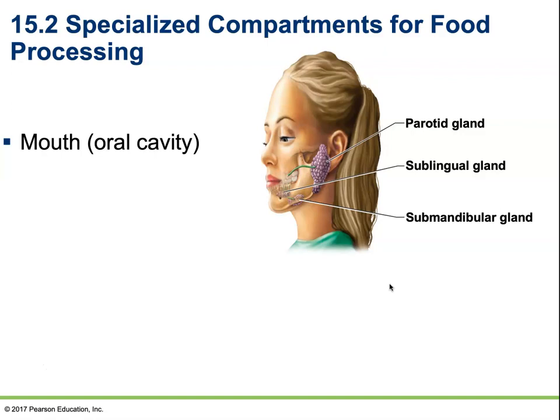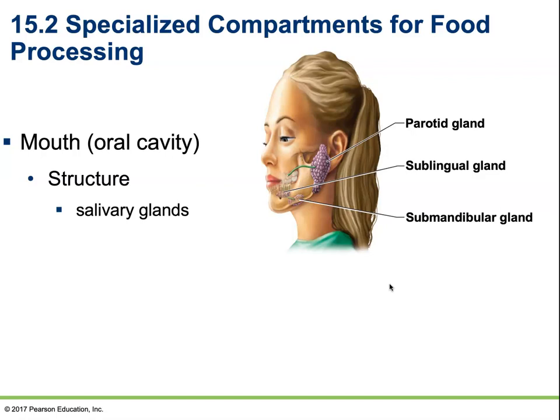When we're looking at the mouth as the cavity, we're going to look a little bit at its structure. The structure is that it's going to contain salivary glands. The salivary glands are going to be responsible for chemical digestion. So teeth are primarily responsible for mechanical. The salivary glands are going to contribute to the chemical digestion that happens within the mouth.